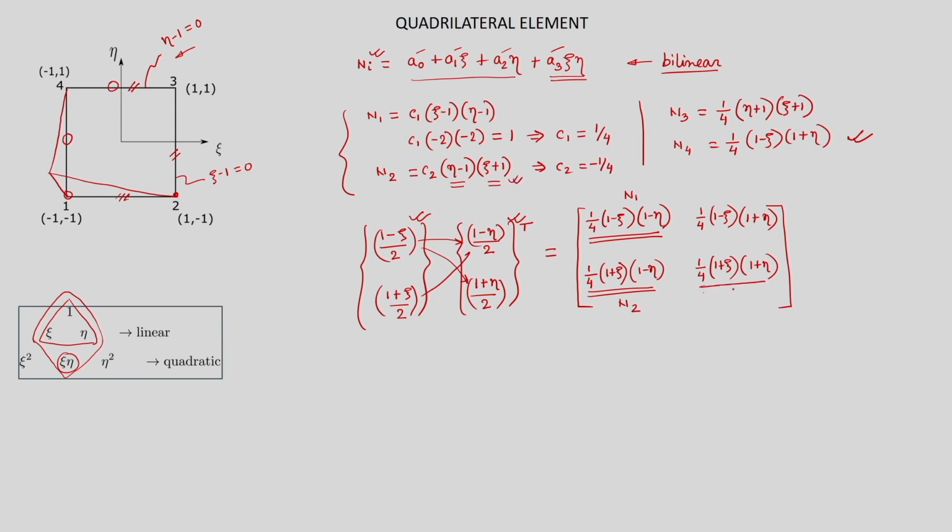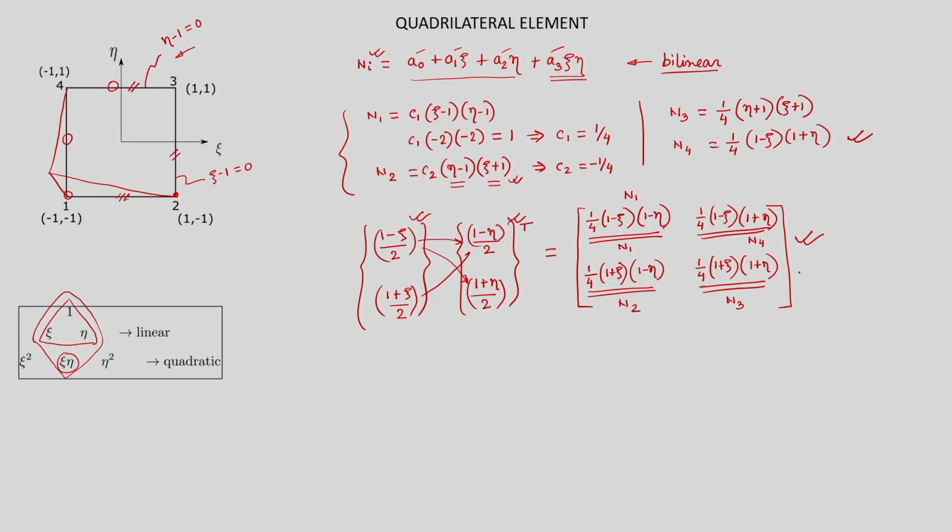Similarly, this is our n3 and this one is n4, alright. So, since we can obtain these shape functions from the tensor product of the corresponding shape functions in 1D, these shape functions are called the tensor product family of shape functions, alright.